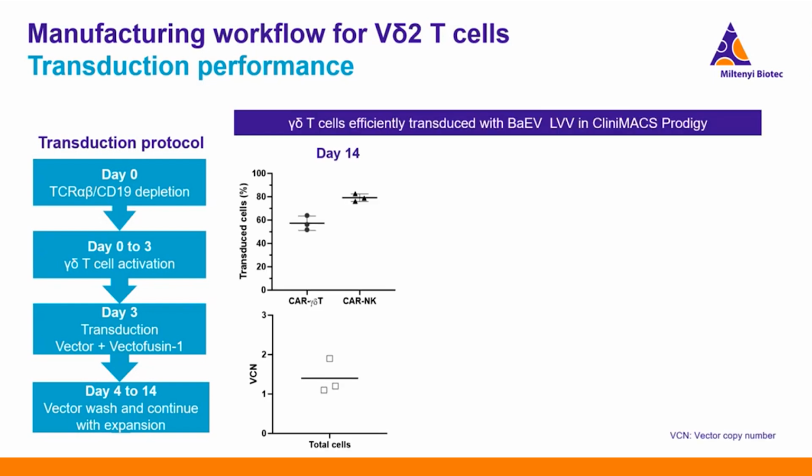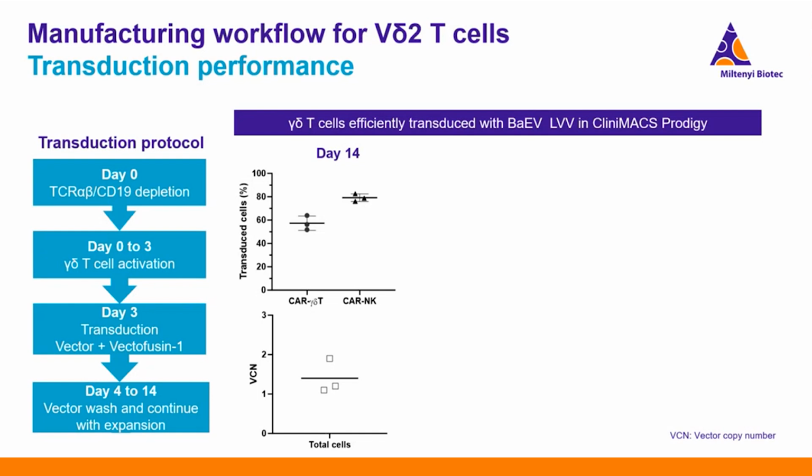So using this protocol, this is some exemplary data that we have obtained. As you see here, on average, we obtain around 60% of CAR gamma delta T cells by the end of the expansion protocol. And because we transduce the cells on day 3, and there are still also quite some NK cells left in the sample, these also get nicely transduced.